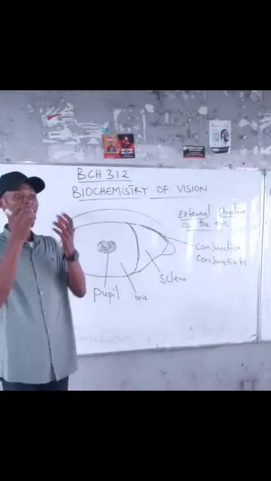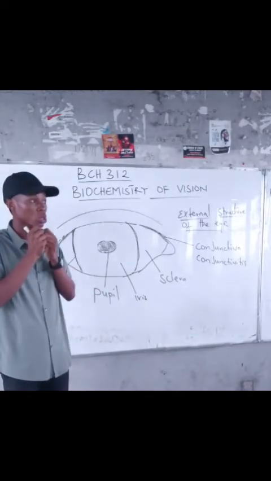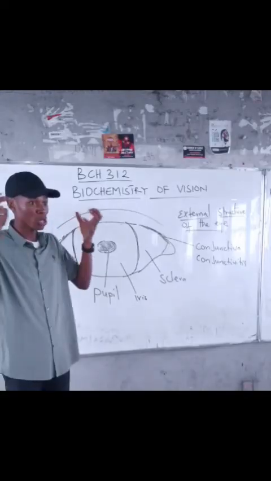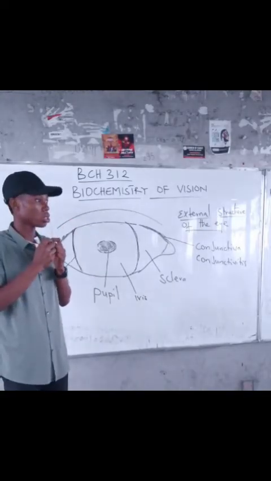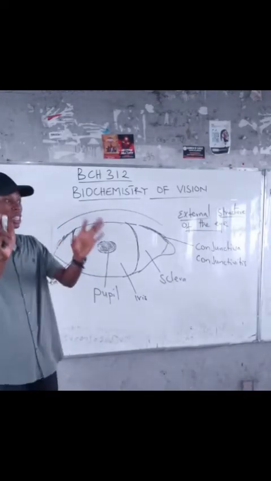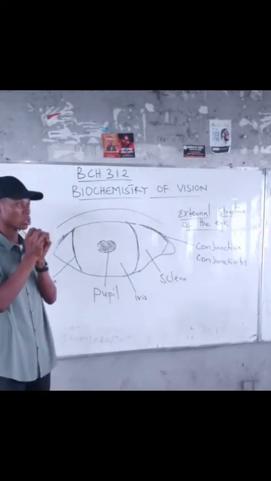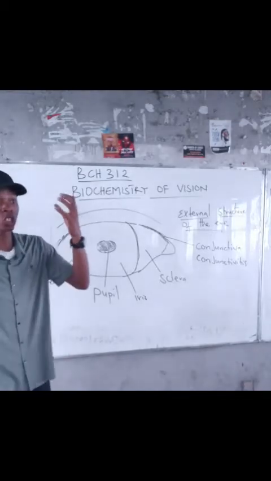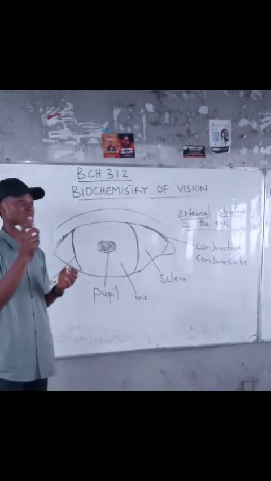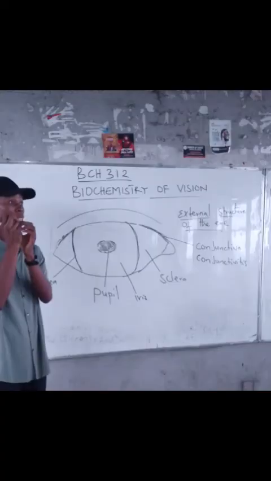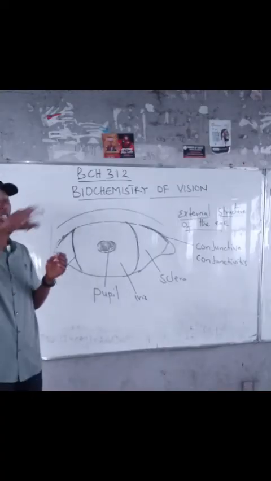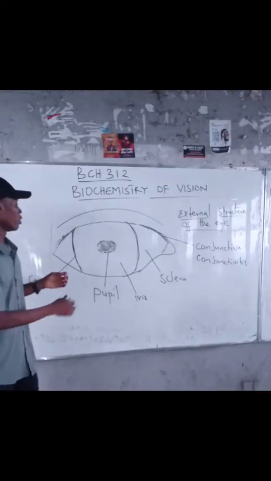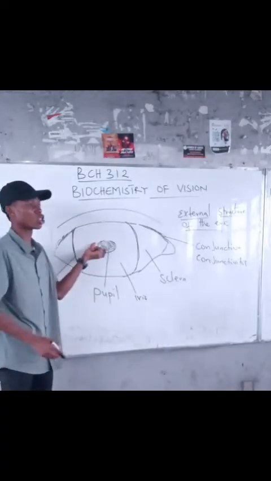If you notice, in the dark, is your pupil big or small? In light, is your pupil big or small? Small. Then when it is dark, your pupil will be big, you're struggling to see. But in light, it becomes small, right? Now, so that is that. And what is the function of the pupil now?